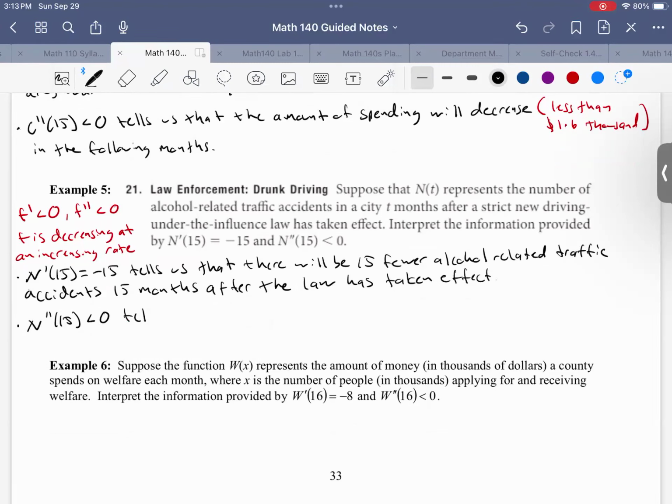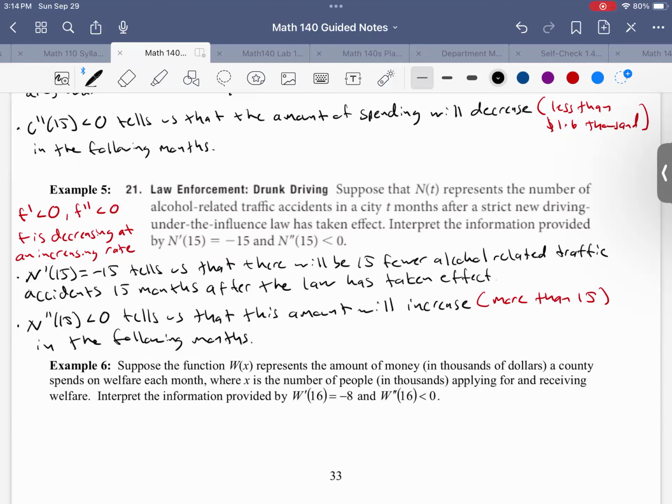This tells us that this amount will increase, and if you want to be specific, more than 15 in the following months. Okay. So we're decreasing it at an increasing rate.